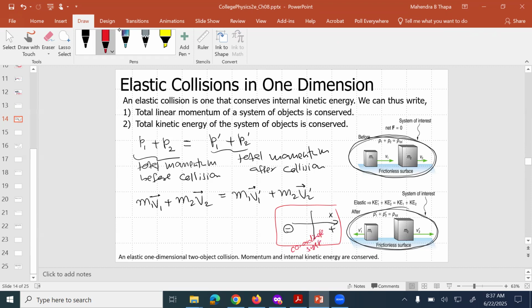In this, I can write M1 V1 plus M2 V2 equals M1 V1 prime is towards left, so I can write minus V1 prime plus M2 V2 prime. Okay, so this gives the equation for total linear momentum before collision equals total linear momentum after collision.